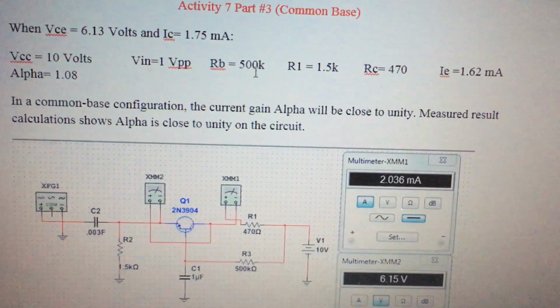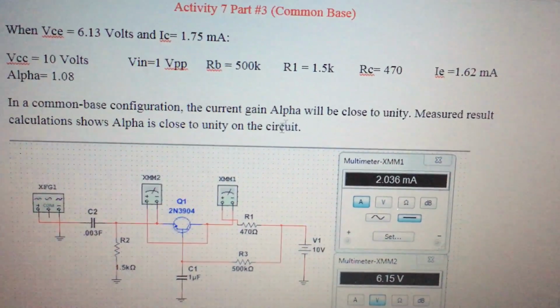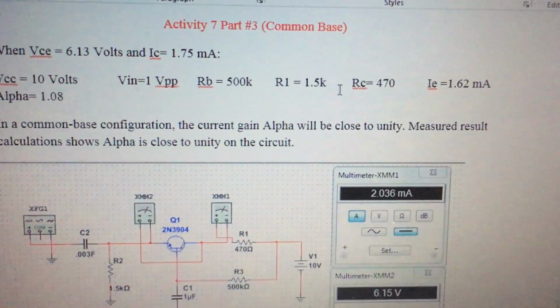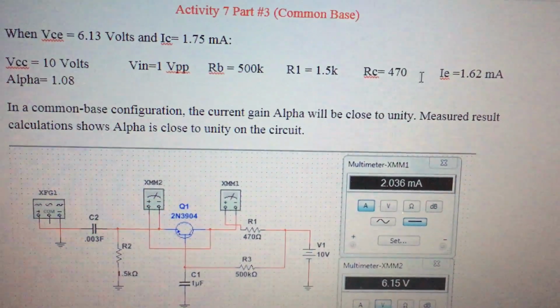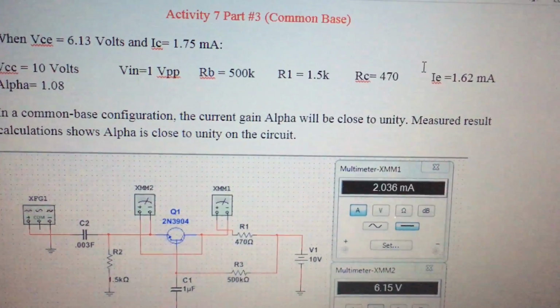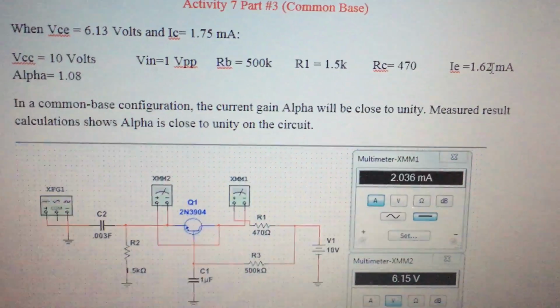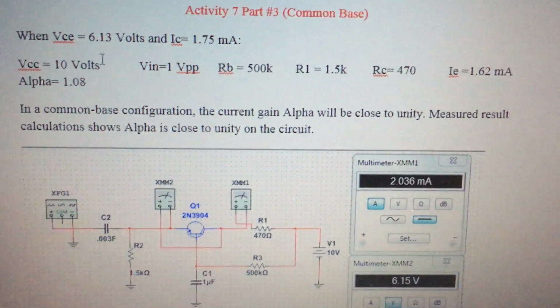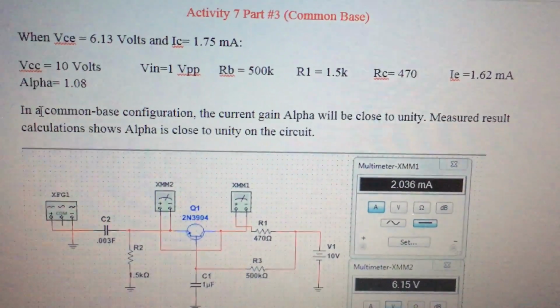The base resistor is 500 kilo ohms. R1, which would have been right here, the actual lab handout value was 1.5K. And the collector resistor is 170 ohms. In this case, instead of measuring the base current, it's the emitter current that's measured. This is 1.62 milliamps. So you get an alpha, which is a current gain, of 1.08.